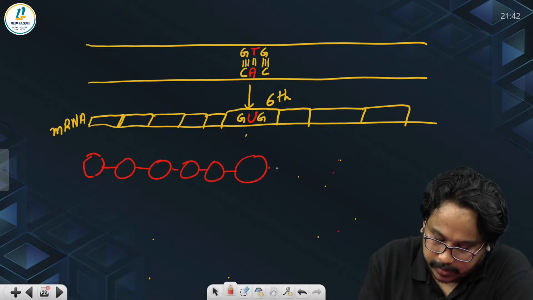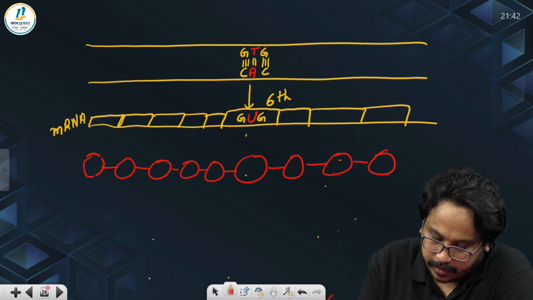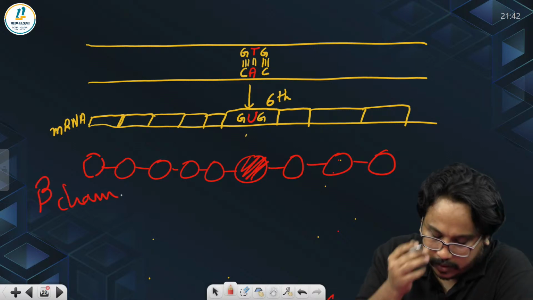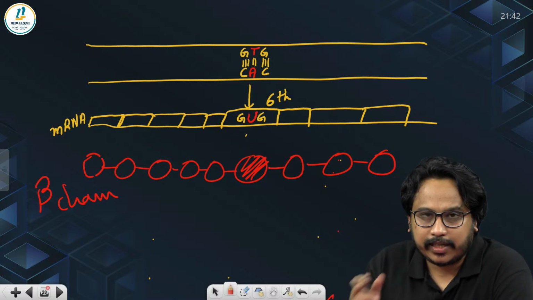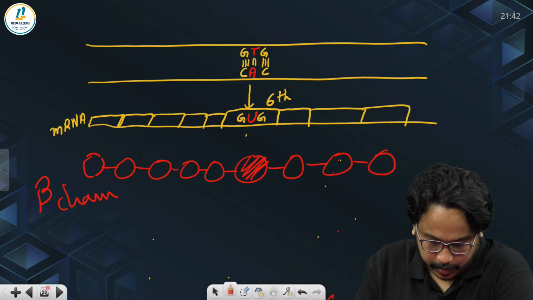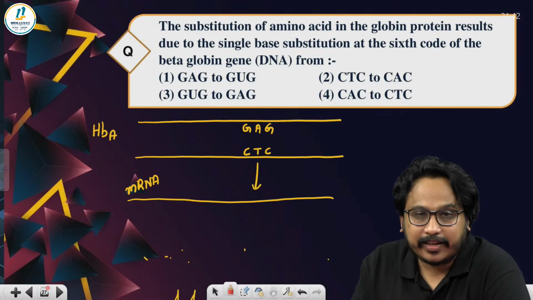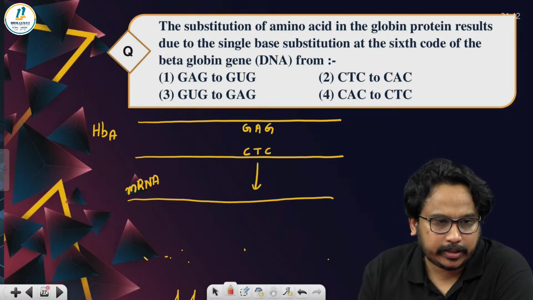You can see at the sixth position, the wrong amino acid will come in the beta chain of hemoglobin. That will lead to the formation of sickle cell anemia or sickle shaped RBC. Sickle cell anemia is due to the defective gene HBS that occurs due to a point mutation.